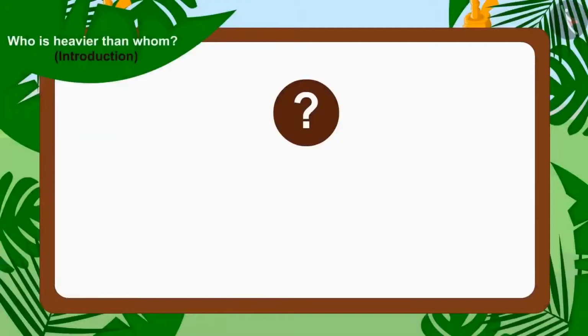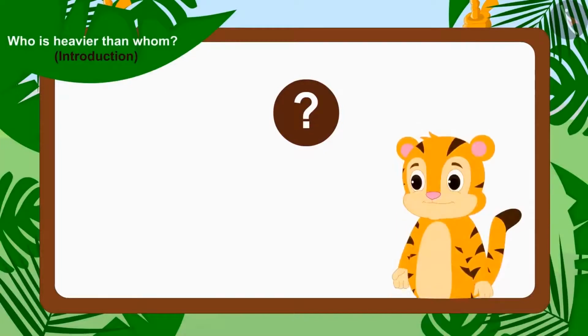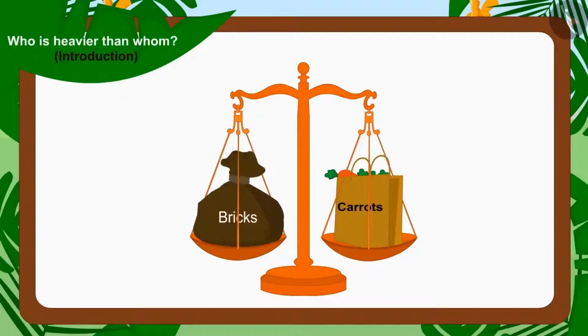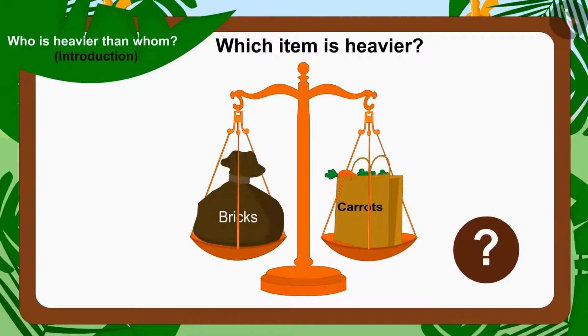Now, the competition will be between Sher Khan and Bunny. Uncle now replaced Bhola's sack with the sack filled with Sher Khan's bricks. Children, can you tell which of these items is heavier?